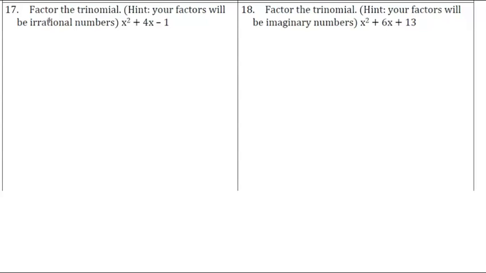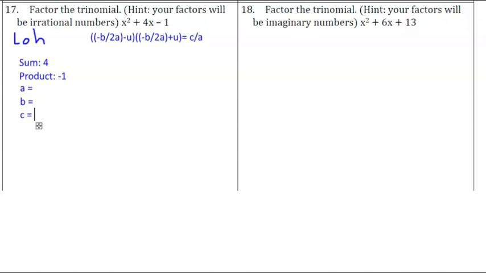Number 17. Factor the trinomial. Hint, your factors will be irrational numbers. X squared plus 4x minus 1. Now the only method that we talk about irrational numbers or imaginary numbers is the low method. So we'll do the low method here. So we want to find the sum and the product. So our sum is 4, our product is negative 1.